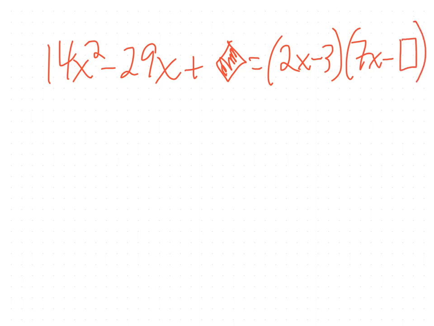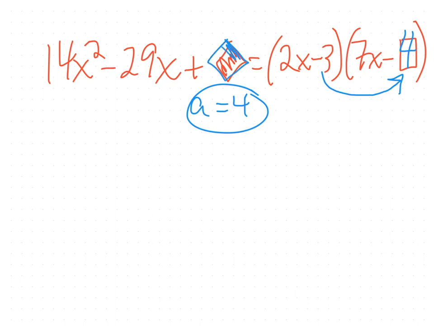So let's fill in that missing value of 4, since we solved that a equals 4. And then let's expand just the last term, negative 3, with that negative 4, so that we could determine what this missing diamond is going to equal.